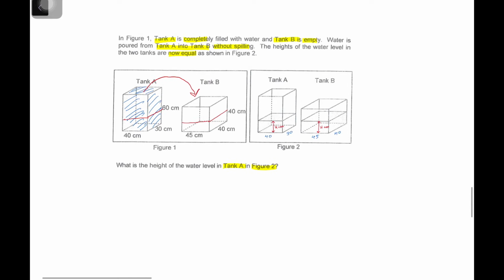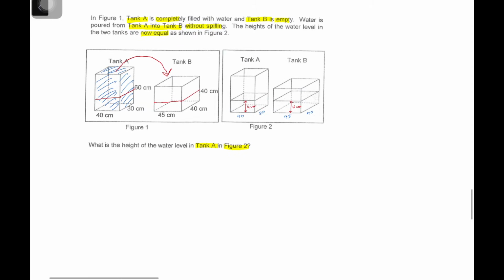So we'll be using an algebraic approach to it. It's similar to the unitary method and it's quite simple. So let's find the volume of water in A at first.